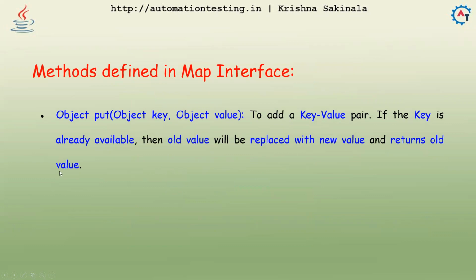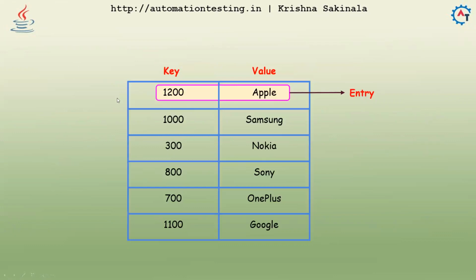Let's take an example. map m dot put 100 comma apple. If I try to do the same thing again, 100 comma banana, what happens inside the map?